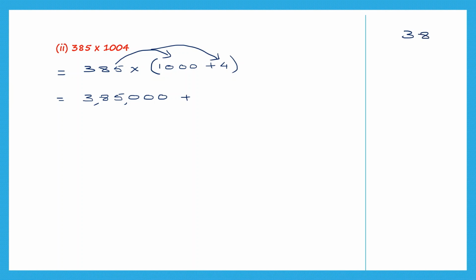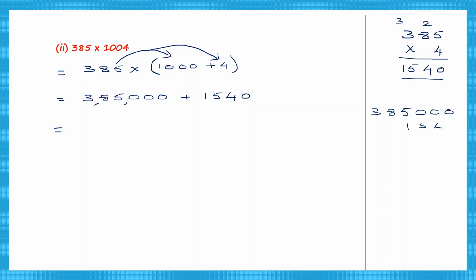So let's do that. 385 into 4. 4 5s are 20, carry 2. 4 8s are 32, 33, 34, carry 3. 4 3s are 12, 13, 14, 15. 1,540. Now we just have to add up these two numbers. We have 3,85,000 and 1,540.